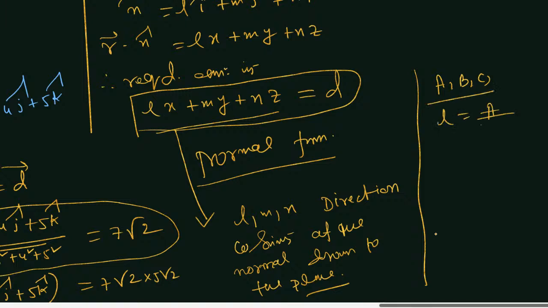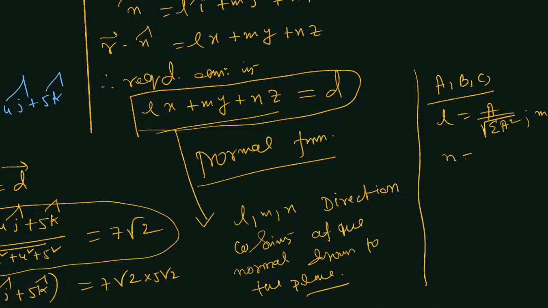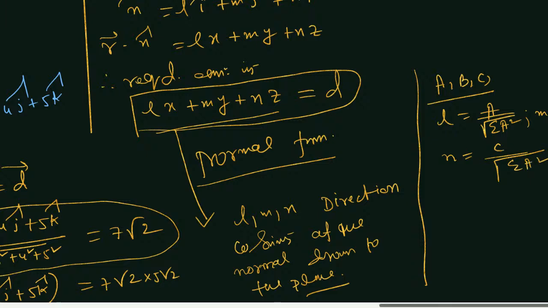You know, a by root over sigma a square, m is b by root over sigma a square, n is c by root over sigma a square. So the required equation is going to be, if you put all these values there, ax plus by plus cz is equal to d multiplied by root over sigma a square.